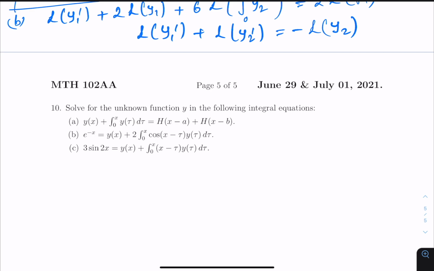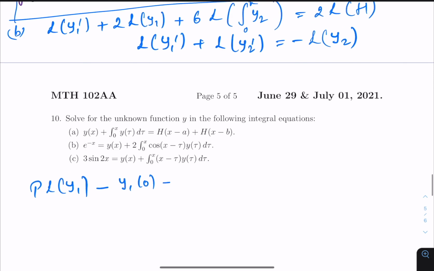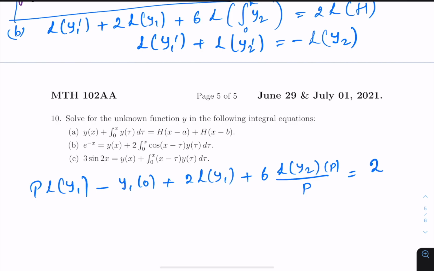So y1 prime will come with p times Laplace transform of y1 minus y1 of 0, plus 2 times Laplace transform of y1, plus 6 times Laplace transform of the integral, which we have seen in the lectures is nothing but the Laplace transform of the integrand divided by p. All these are functions of p. And 2 times Laplace transform of the Heaviside function, which is actually the constant function 1, is 2 over p.